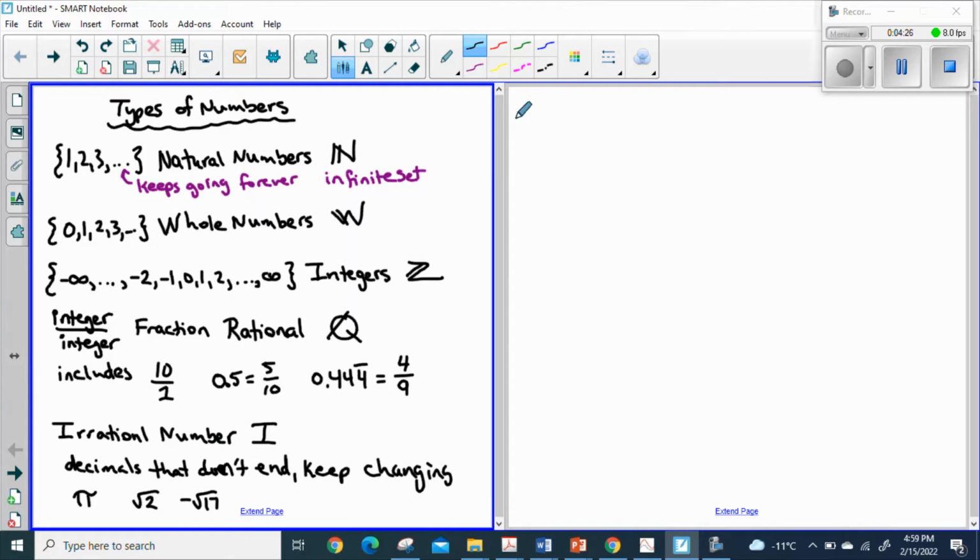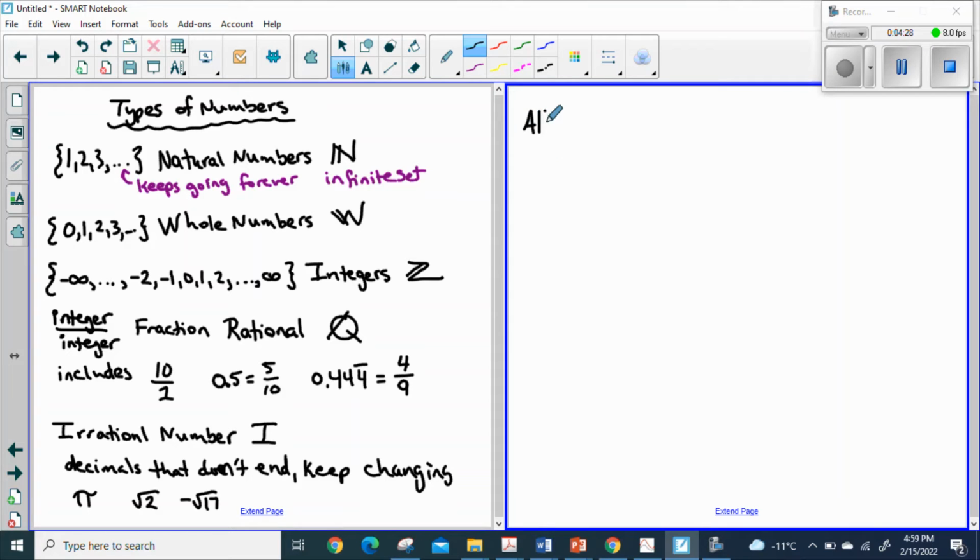All of these, all of the above, are part of what are called the real numbers. So the real numbers are every number that we're used to. There are other ones, imaginary numbers, the square root of negative numbers, but we don't worry about that in high school right now.